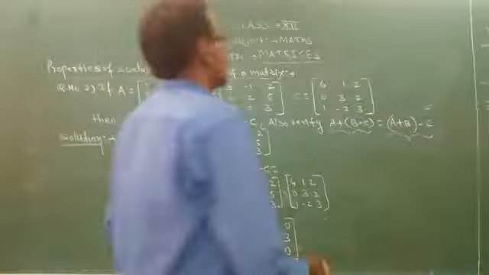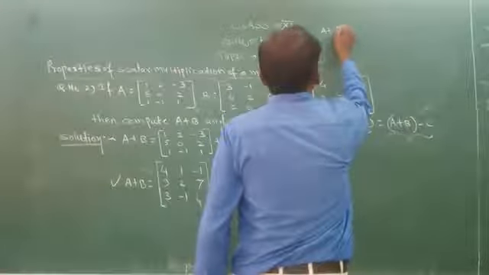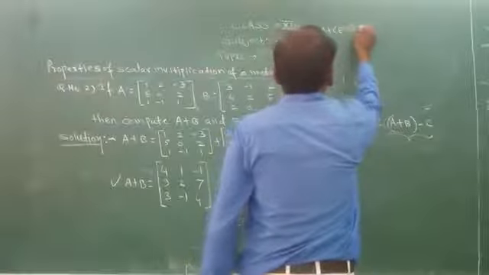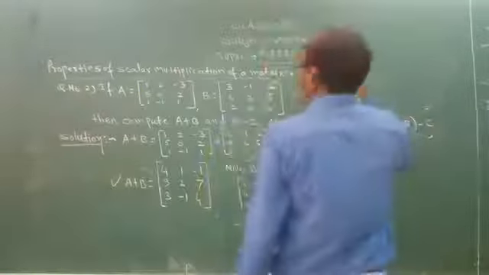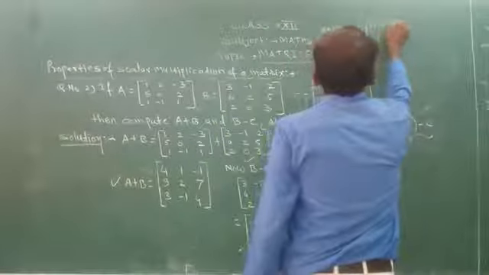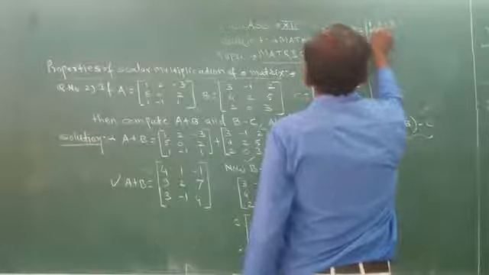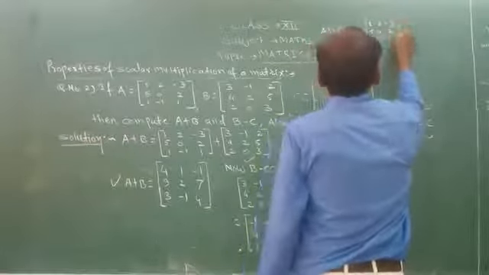Now let us check this. We have to check that A plus in bracket B minus C equals to. So write A first of all. This is your [1 2 -3; 5 0 2; 1 -1 1].